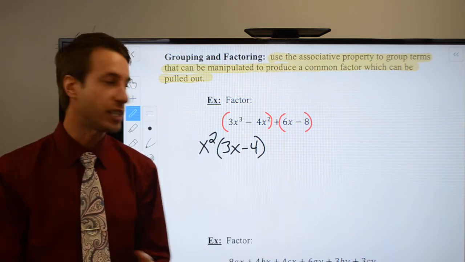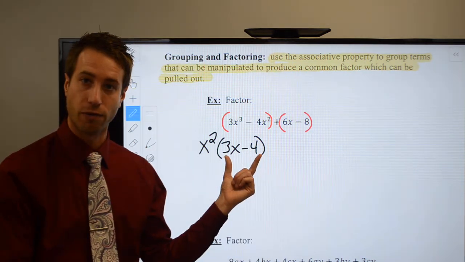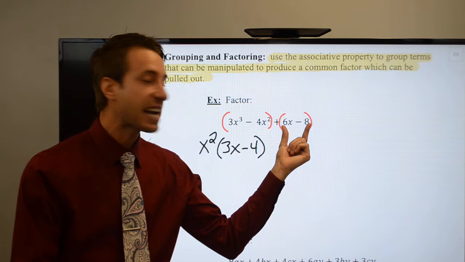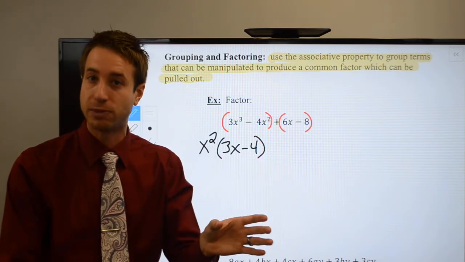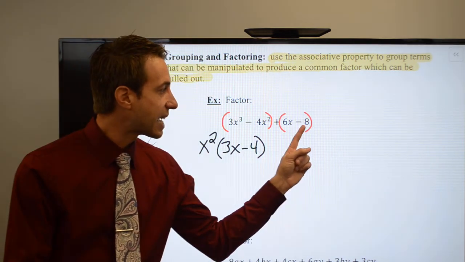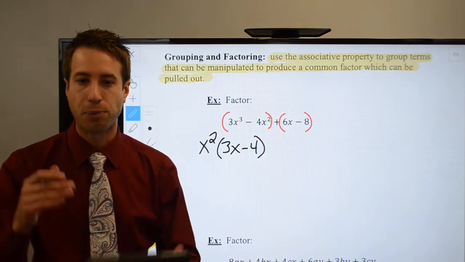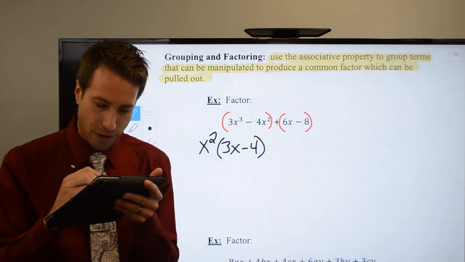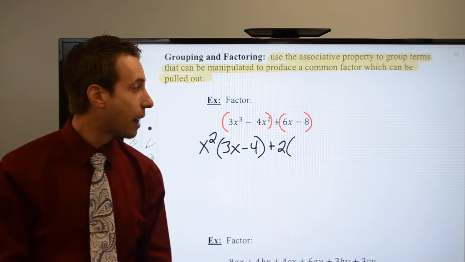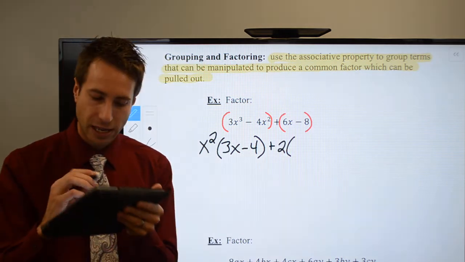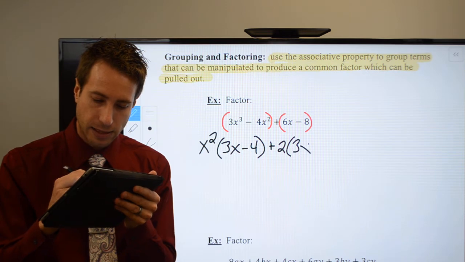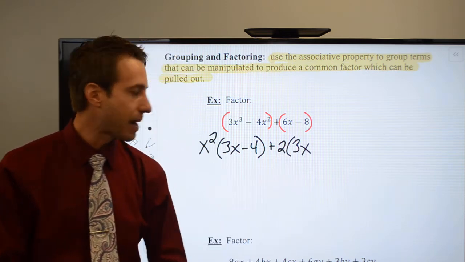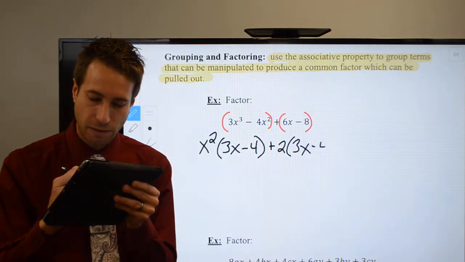I pull that GCF out, and this is what's left over. Great. My next 2 terms, which I've now grouped together, have a GCF too. I can pull a 2 out of both of those. Plus 2. When I pull out that 2, 6x divided by 2 would be 3x, and a negative 8 divided by 2 would be a minus 4.